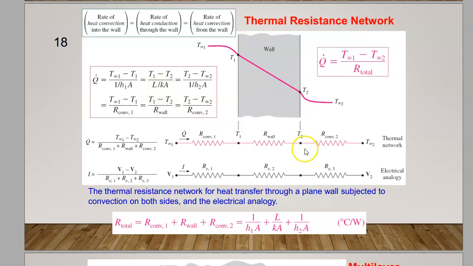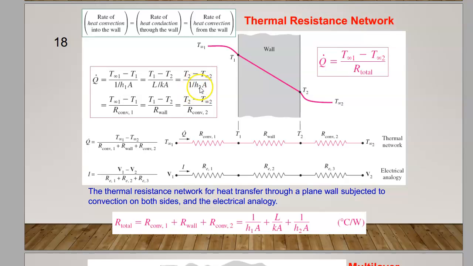And it's also equal to T2 minus T infinity over R convection 2, which is convection, 1 over HA, where A is the surface area.